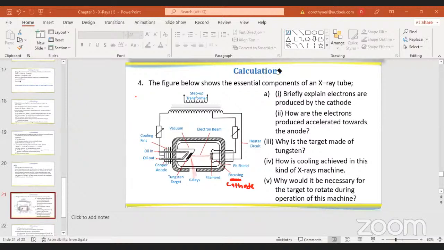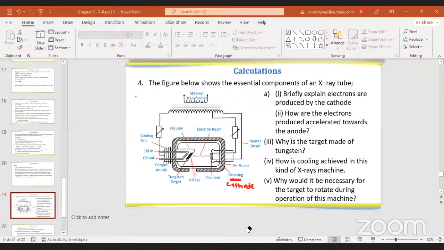Why is the target made of tungsten? Which other metal, by the way, is used other than tungsten? It has a high melting point. Somebody is writing to prevent the X-rays from penetrating.